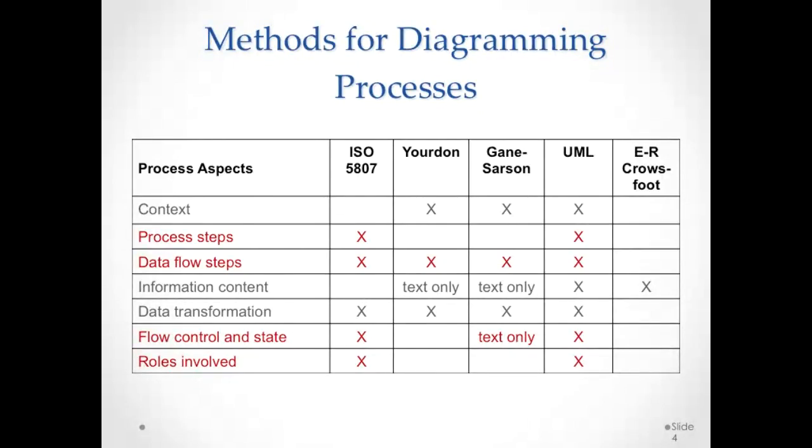So there's not just text that says do this, then you do this, then you do this. There's an actual explicit flow diagram so that people can see on one page what the steps in that process are. There are also data flow steps that we might want to represent.